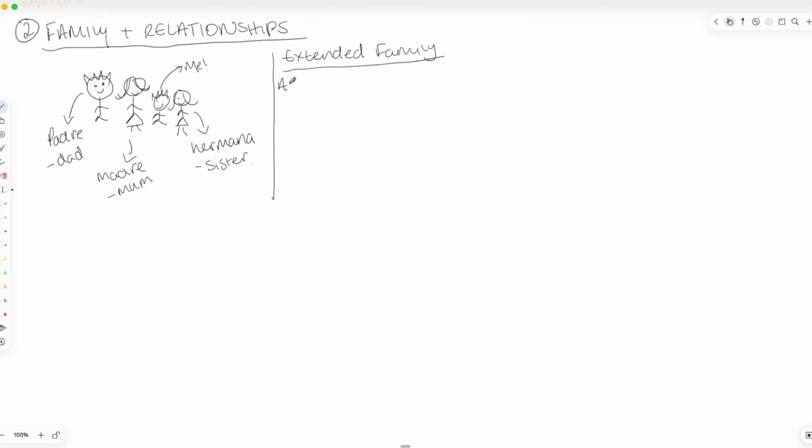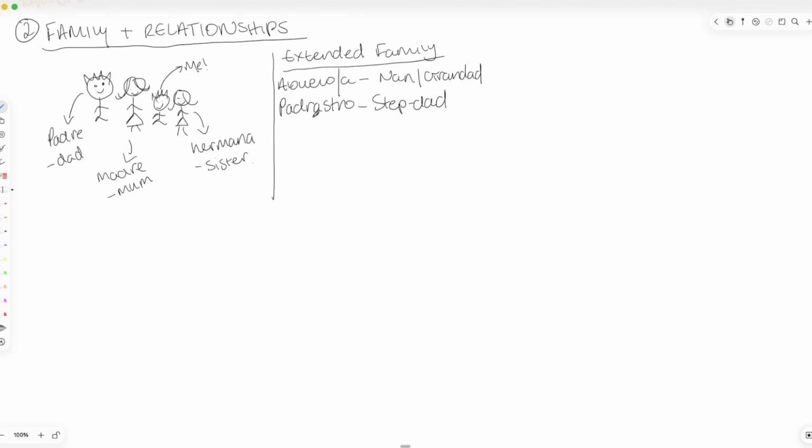So we've got abuelo or abuela, nan, granddad. Obviously, abuelo is granddad, abuela is grandma. I just say nan. So we've got grandparents looking after children more nowadays. Step parents, so padrastro, stepdad.